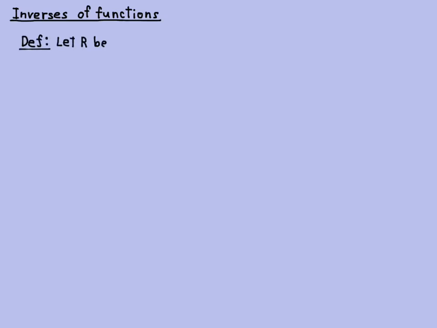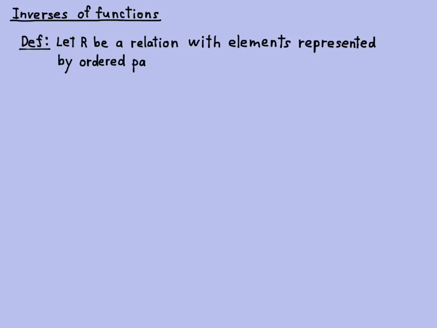Okay, so the definition. We're going to start with relations. Remember that a function is a special kind of relation, and so this definition works for relations and is then applied to functions. Let R be a relation with elements represented by ordered pairs of the form (A, B).